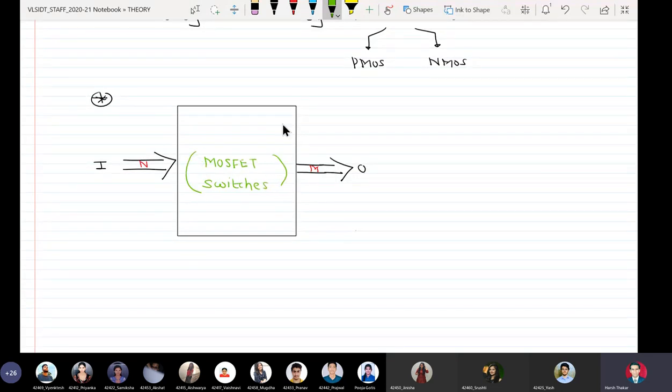Okay, in between the n inputs and m outputs, I have MOSFET switches. Now this helps us to define the logic families.